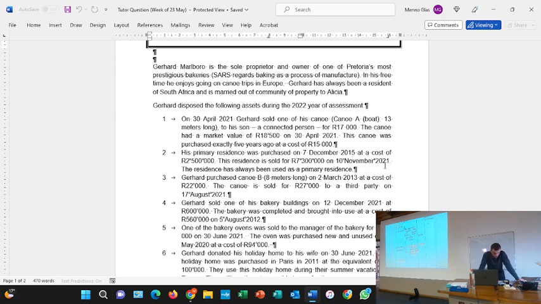The canoe is sold for 27,000 rand to a third party on 17 August 2021. Any recoupments on Canoe B? Okay, if you don't have a recoupment, any CGT on Canoe B? Why? It's a personal use asset. Why? The boat's less than 10 meters long.